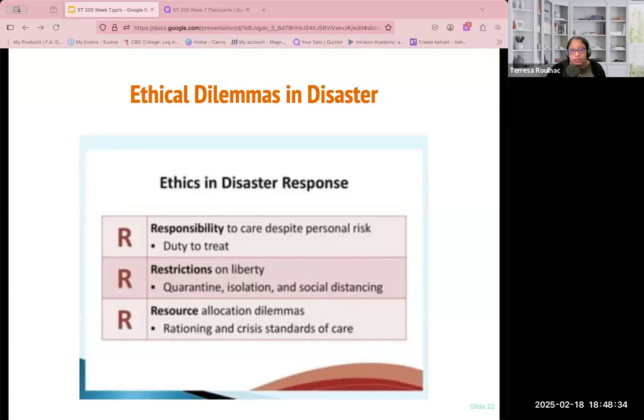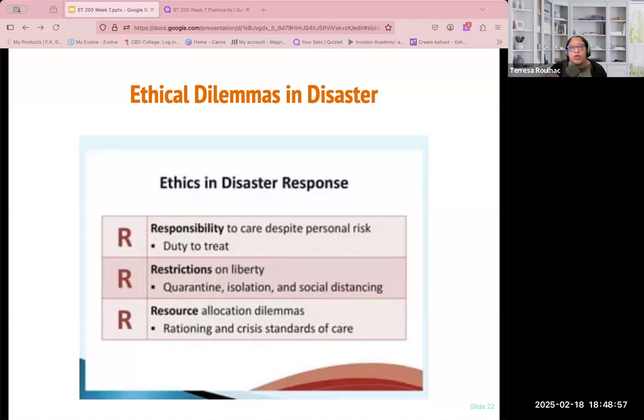Let's talk about allocation, because this is another ethical dilemma. In a large scale disaster affecting multiple states or regions, decisions have to be made about where to allocate limited resources. I'm talking about medical supplies, I'm talking about personnel, and I'm talking about financial aid.